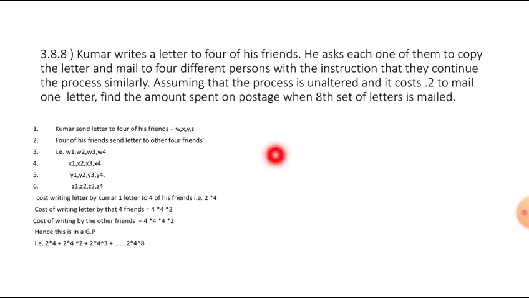The question asked is to find the amount spent on postage when the 8th set of letters is made. The last term will be 2 into 4 power 8. This is the 8th set of letters mailed.